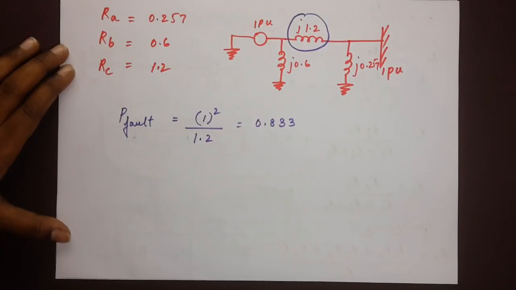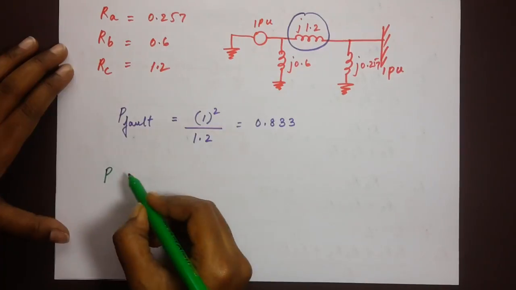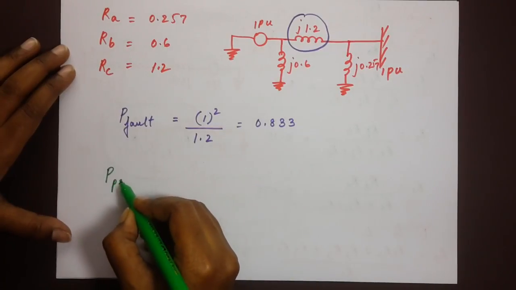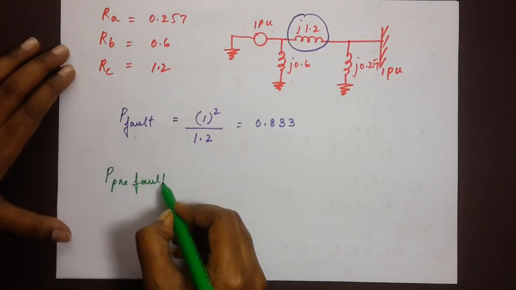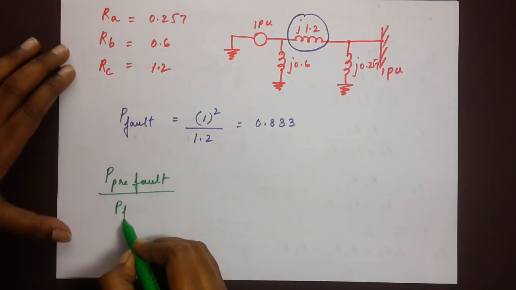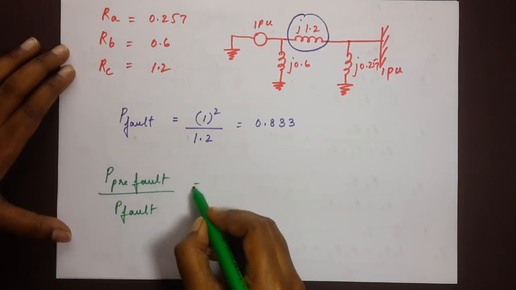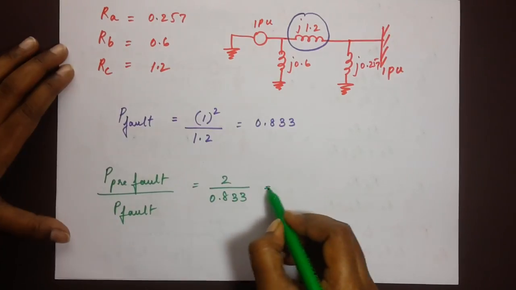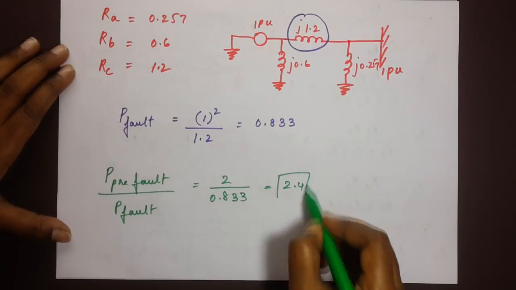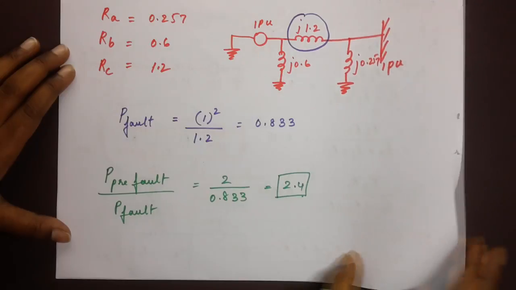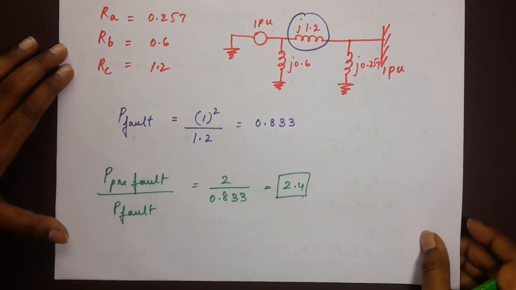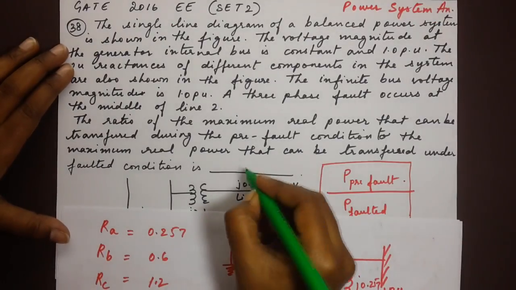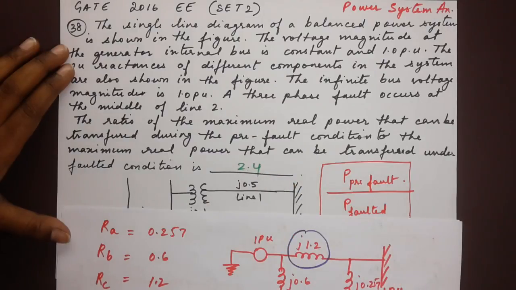The ratio in the question, as we started off with, is P at pre-fault divided by P at faulted condition. That's 2 divided by 0.833, which comes to 2.4. So 2.4 is the final answer for this question.